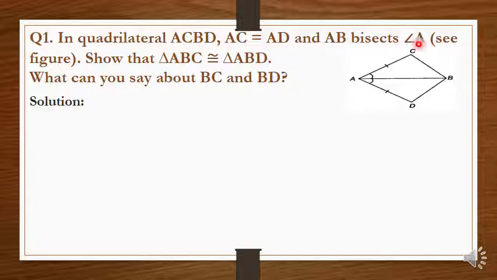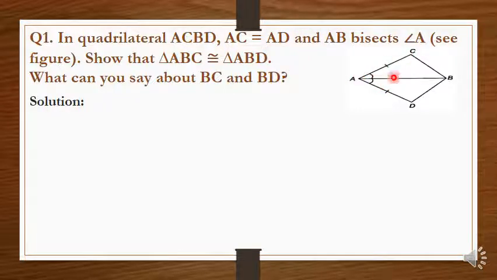So here in the given figure we can clearly see that ACBD is a quadrilateral. Here this side AC is equal to AD and this angle A has been bisected by AB. So since angle A has been bisected, we can say that these two small angles are equal.